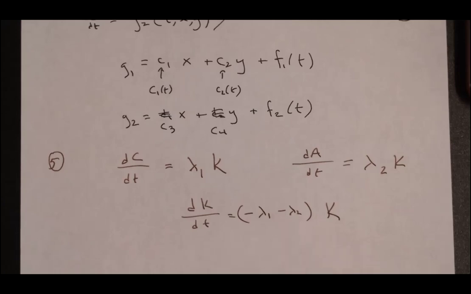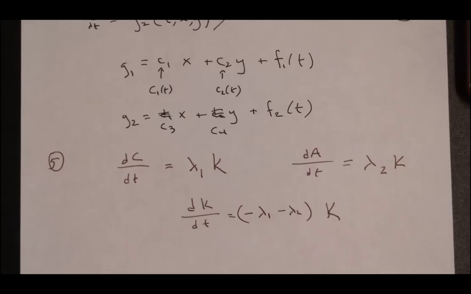If I was starting with a kilogram of potassium, I could work that out. If I say I start with a kilogram of potassium, no argon and no calcium, I can tell you what's going on for all three things over time, first by solving this equation and then substituting it in there to solve for those, right? That's gross.